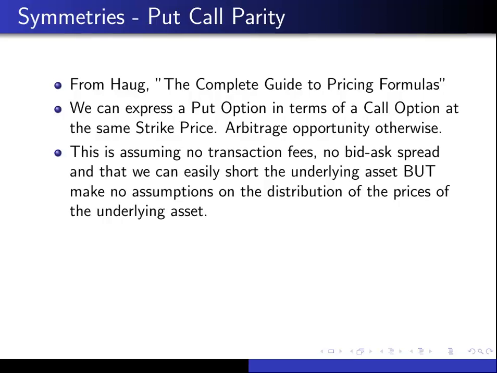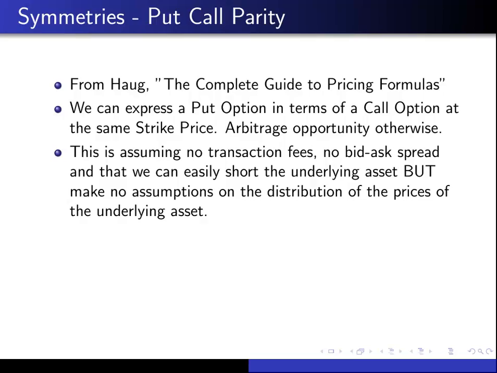This is assuming that there are no transaction fees, that there's no bid-ask spread, and that we can easily short the underlying asset. But we don't make any assumptions on the distribution of the prices of the underlying asset.